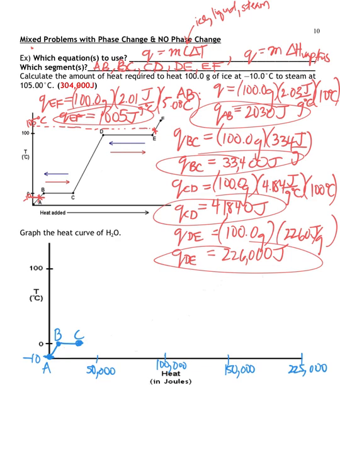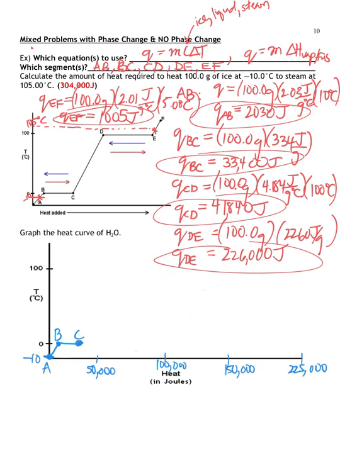And then I'm going to go through a stretch of CD. Once again, I'm going to tally everything up, AB plus this, and that will give me wherever that heat ends.